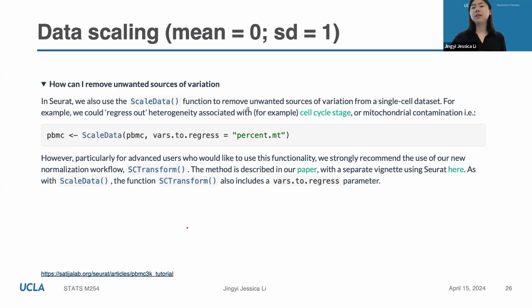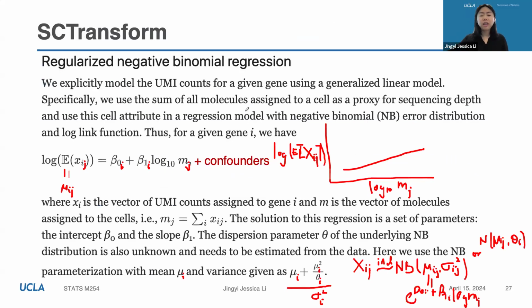In the regression model of SCTransform, if you want to remove confounders, you just add them here. Then when you get the Pearson residuals, if you remember that term, as your normalized data, you have already removed your confounder effect. That's basically it.